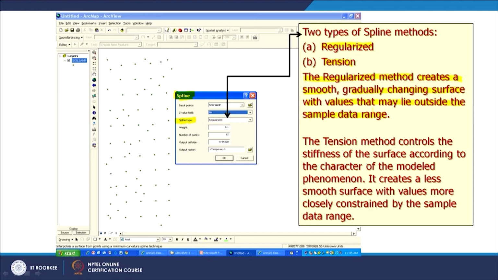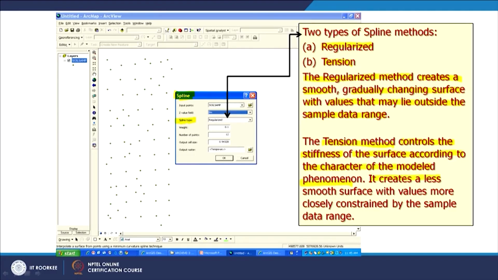So, the regularized option in spline will create a very smooth surface relatively compared to the tension method, which controls the stiffness or abruptness of the surface according to the character of the modeled phenomenon, whether elevation or concentration of any other parameter.